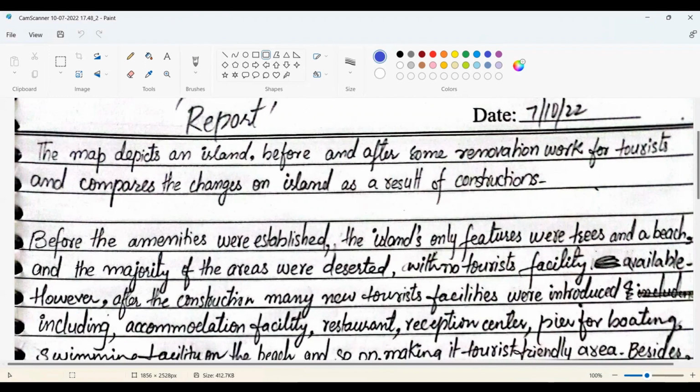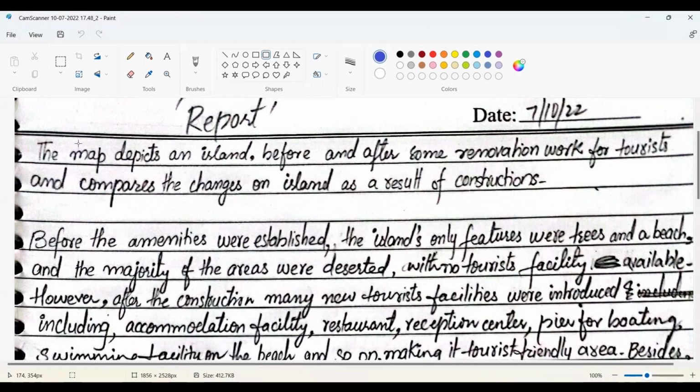Okay, let's see what the question says. It says the two maps below. Okay, and there are two maps before. One is before the construction was done, the other is after the construction work. So in fact, they are two.